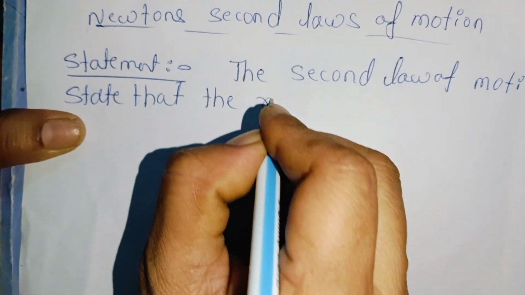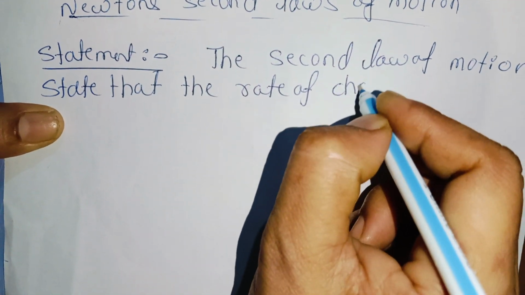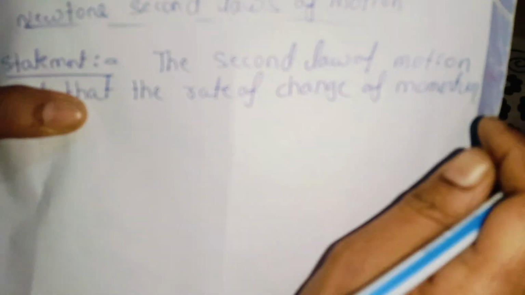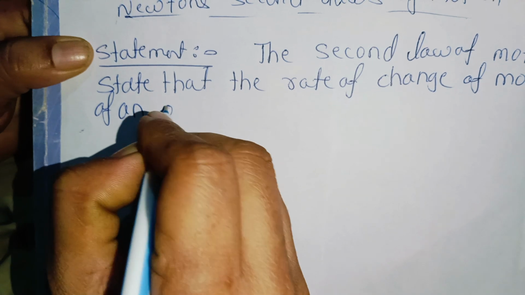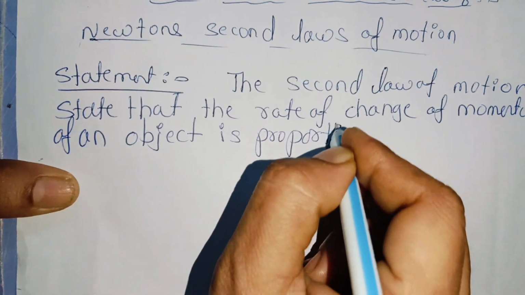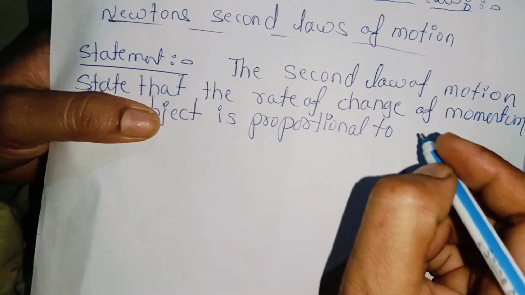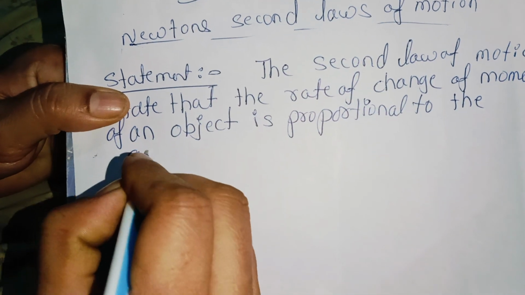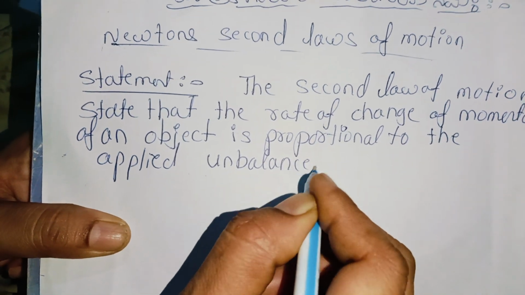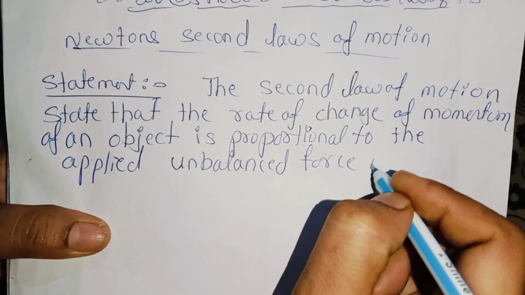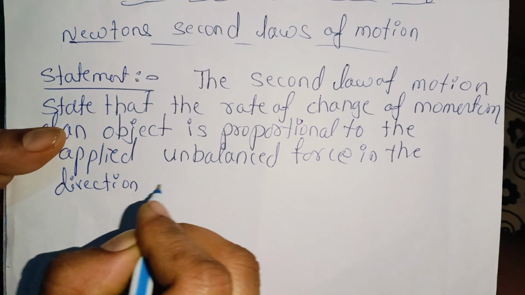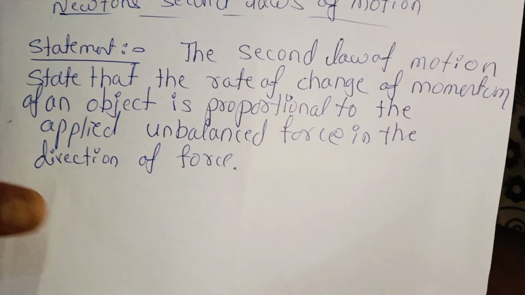the rate of change of momentum of an object is proportional to the applied unbalanced force in the direction of the force.